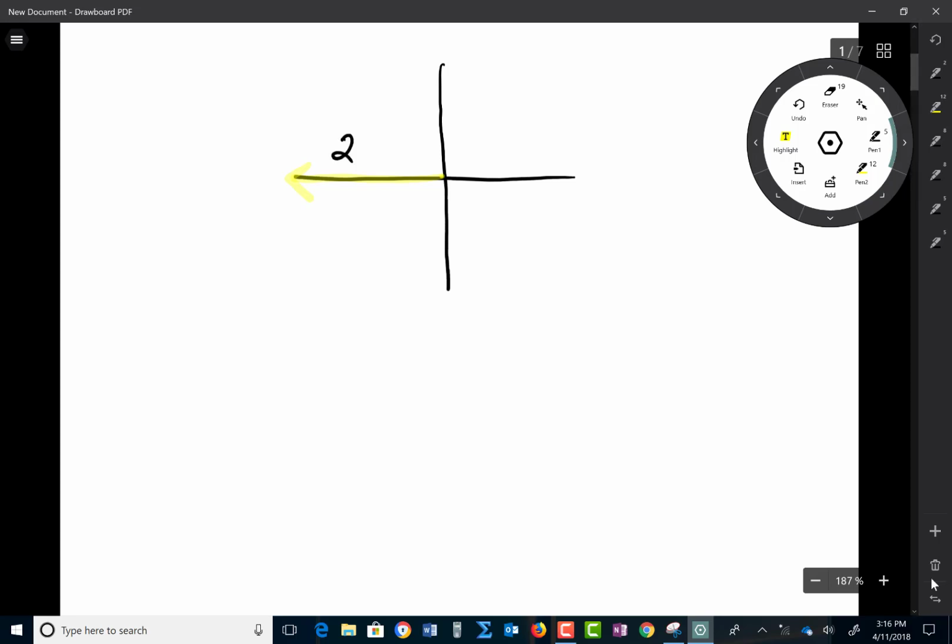Okay, and then it says 5 miles southwest. So I'm going to draw another pole. And southwest means from the south to the west. So here's south, which is down here. This is west. So from the south to the west would be there.